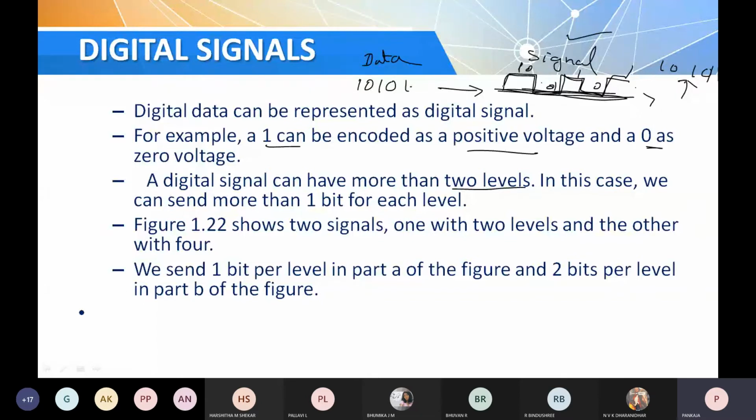I can represent more than one bit in each level. When I am representing more than one bit, it requires more levels. If it is only 1 and 0, it requires only two levels: the positive level and the 0 voltage level. If I am representing more than one bit, then it requires more levels to represent the data.